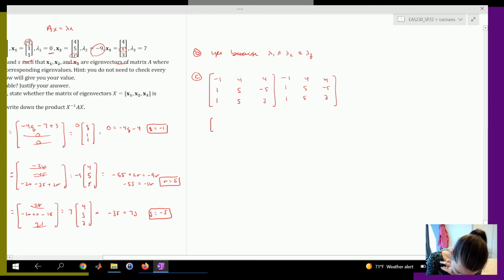So it's going to be negative 1, 5, 3, so negative 15, plus 4, 5, negative 1, so negative 20, plus 4, 1, 5, positive 20, minus negative 1, negative 5, and 5, so 25, plus 4, 1, 3, 12, plus 4, 5, 1, 20.